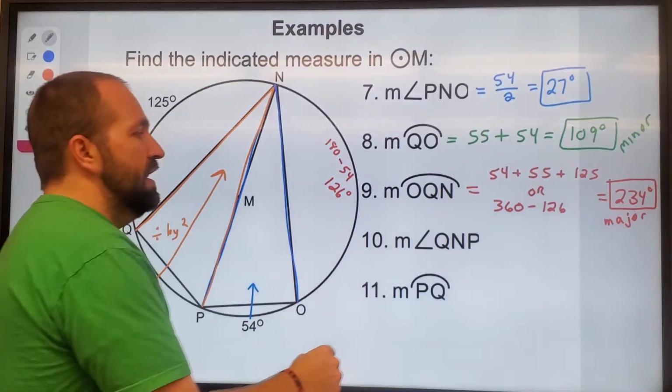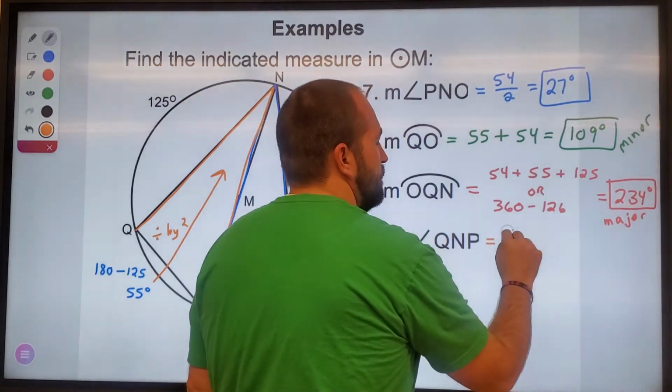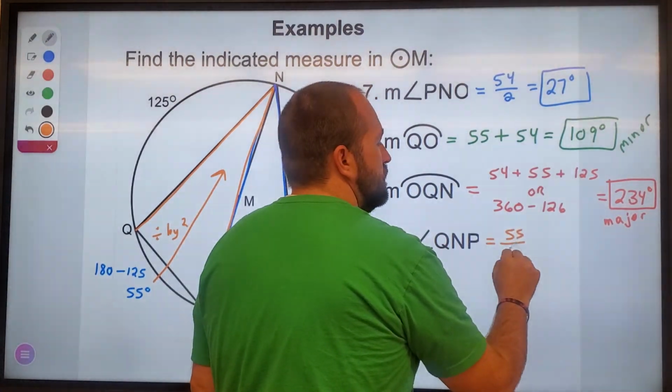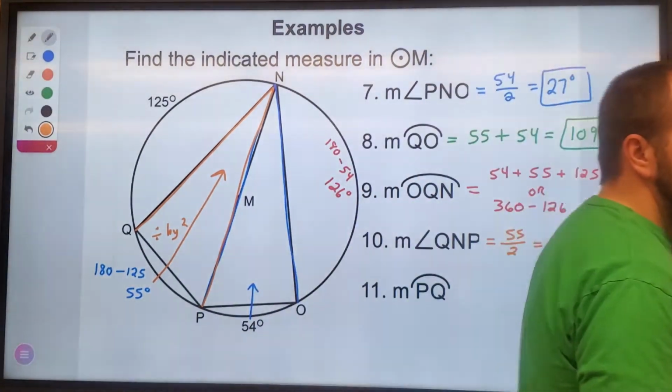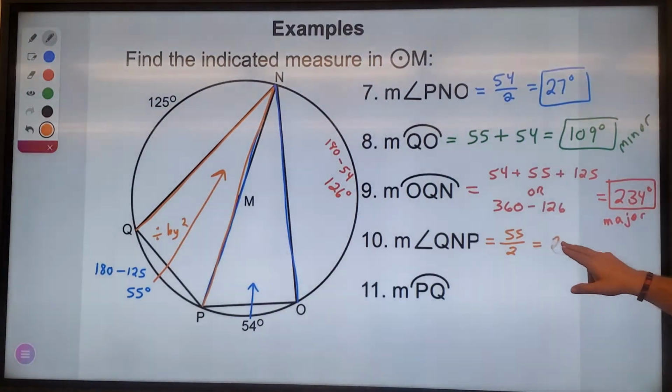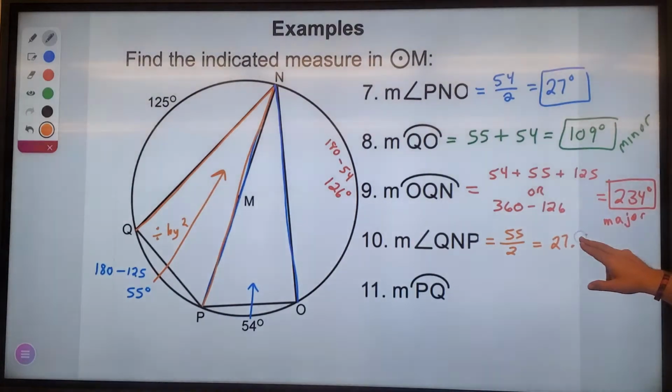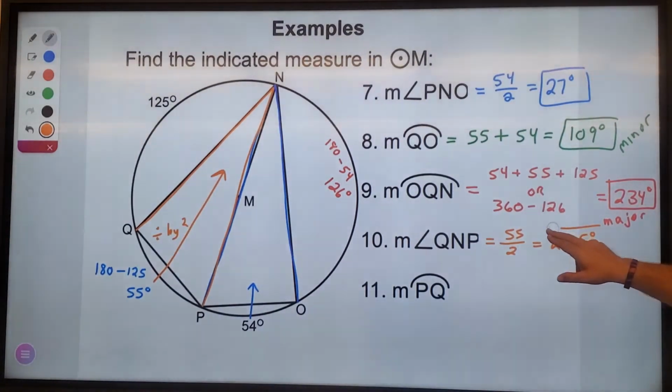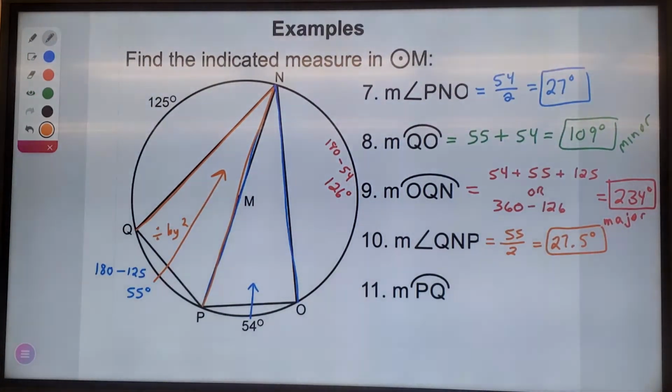So I have 55 divided by 2, which is 27.5 degrees. And that is talking about an angle, not an arc, so we cannot classify that. Well, I guess we can. We can call it acute if we want, because it's less than 90.